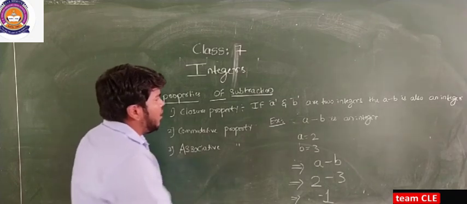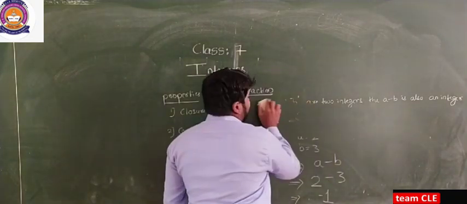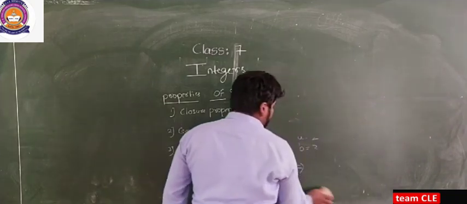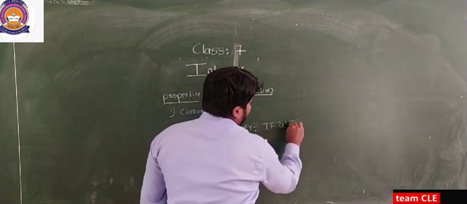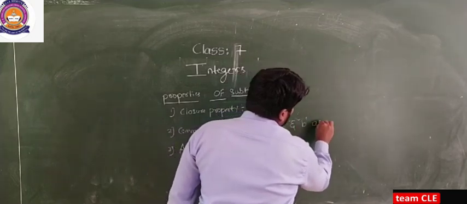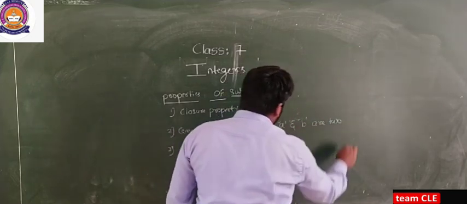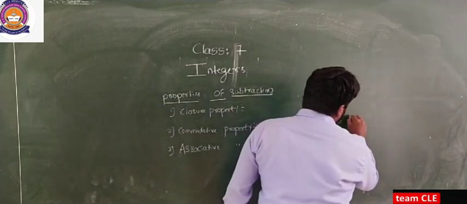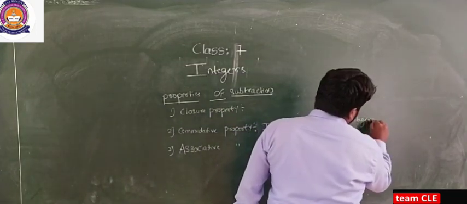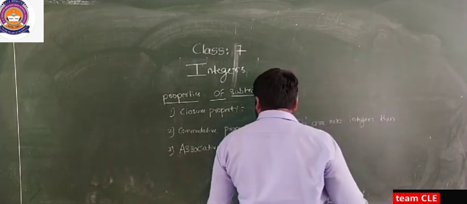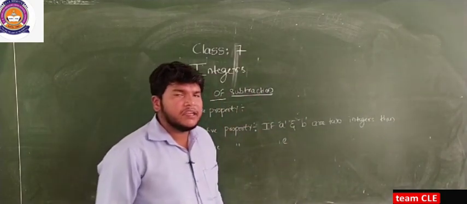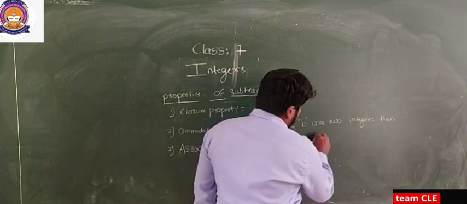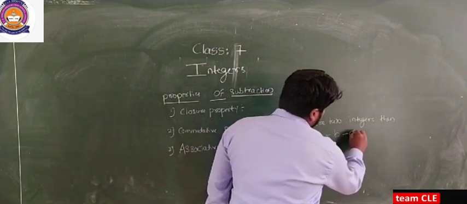Next we have the commutative property. What does the commutative property say?